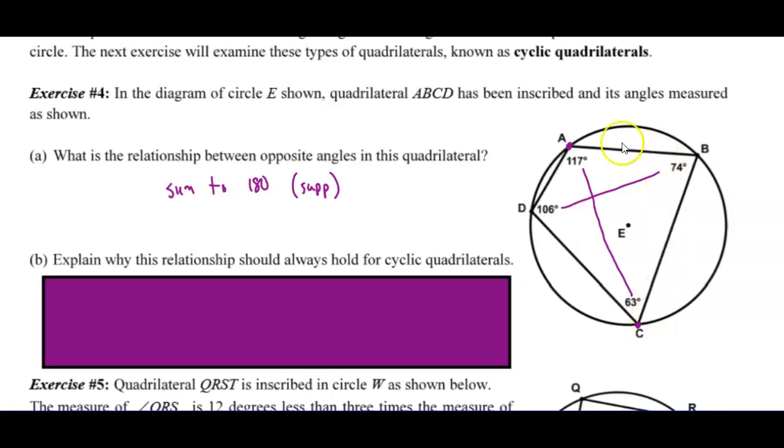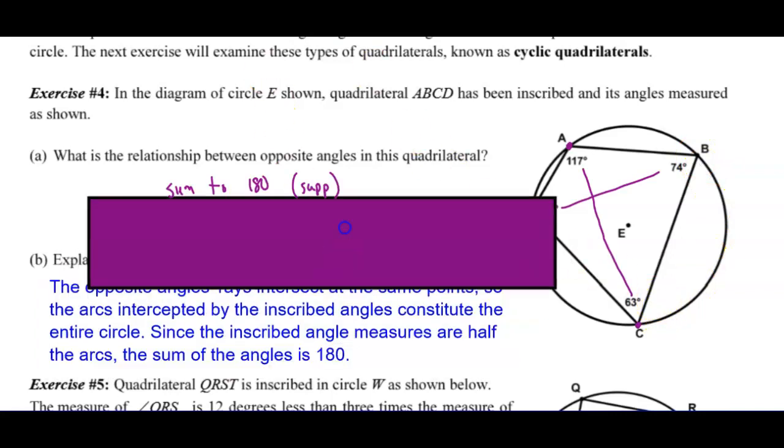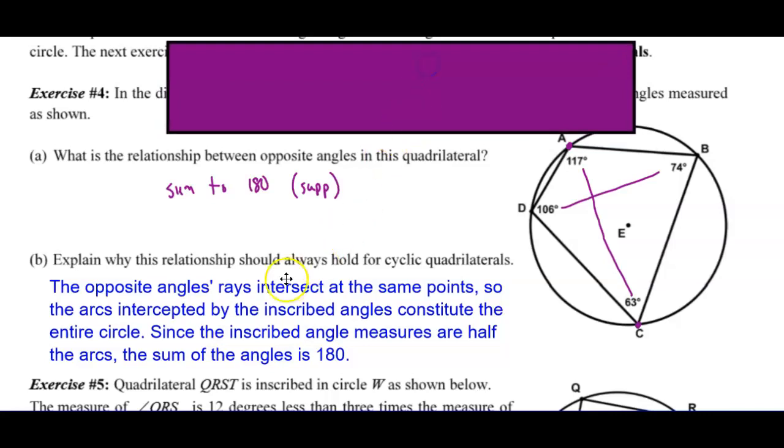If one angle is half of part of it, the other angle is half of the rest of it, then when you put them together, they should be half of the whole thing. So to put that in more formal terminology, opposite angles intersect at the same points. We mentioned that. So the arcs intercepted by those inscribed angles constitute the entire circle. Since the inscribed angle measures half, then the sum of the angles would also be half of the circle.